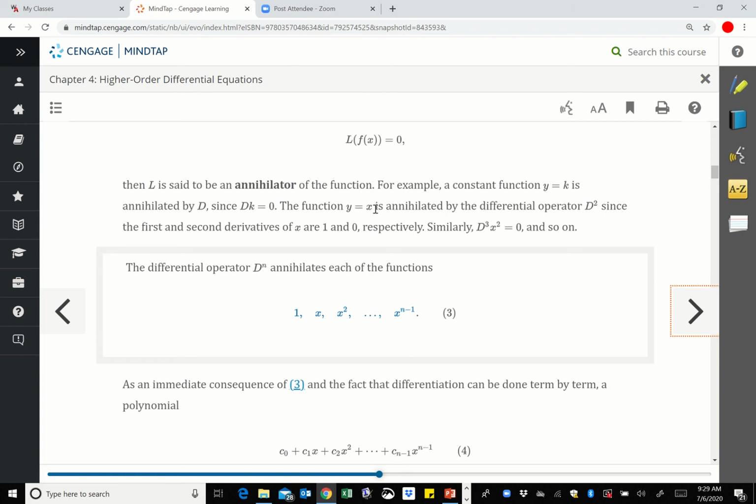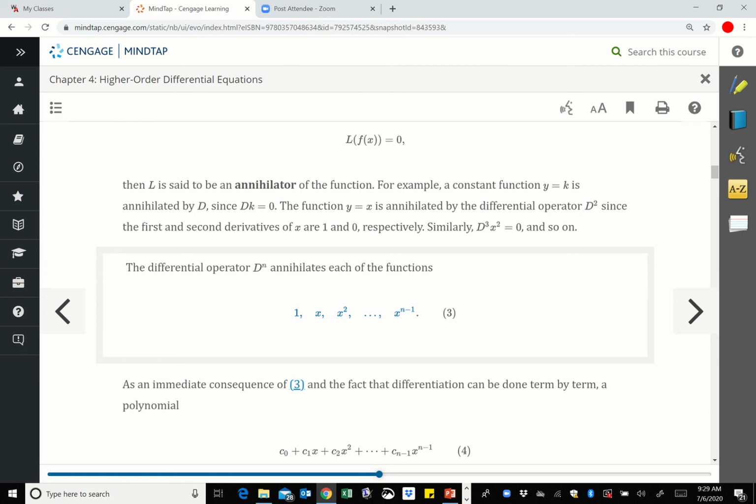If we look at the function y equals x, the first derivative would give us 1, but then if we take the second derivative, then we would have 0. So we could say that the function y equals x would be annihilated by the differential operator D squared. Because if we apply D squared to y, the first derivative would be 1, the second derivative would be 0, and so that would annihilate that function.